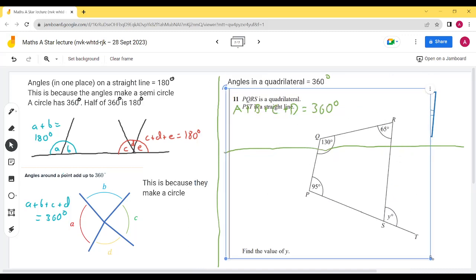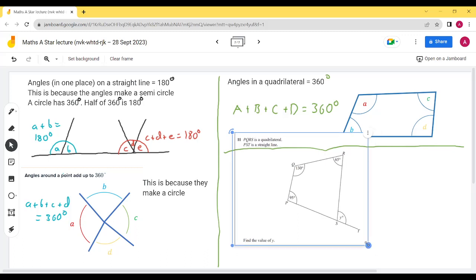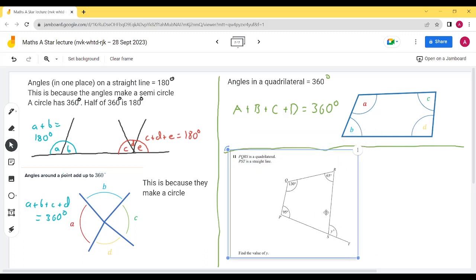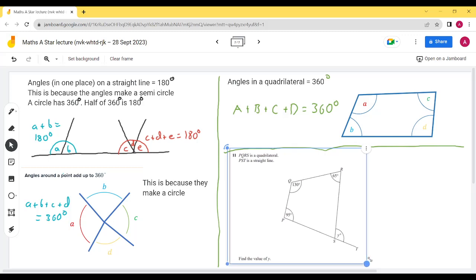They combine some of the rules we have done so far. So we've got PQRS is a quadrilateral, PST is a straight line, and you need to find the value of y.